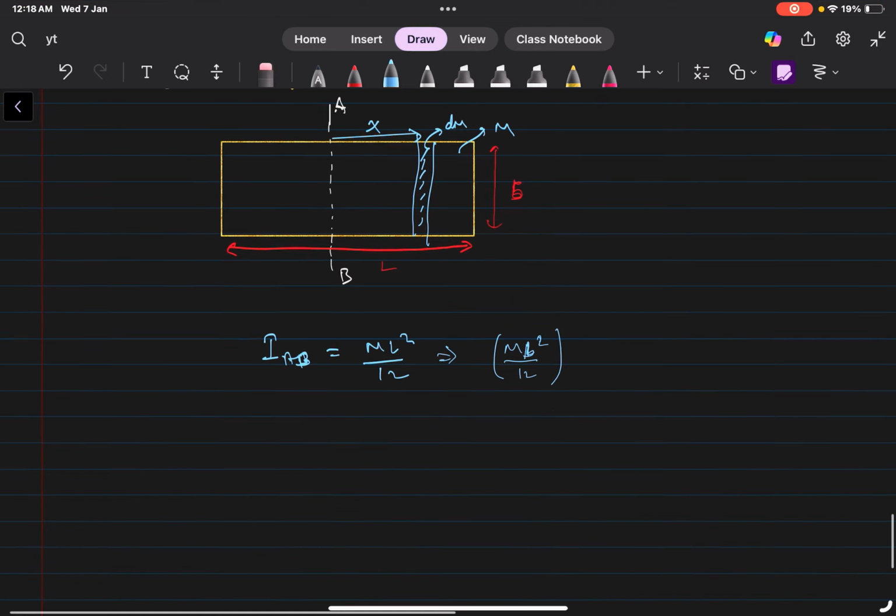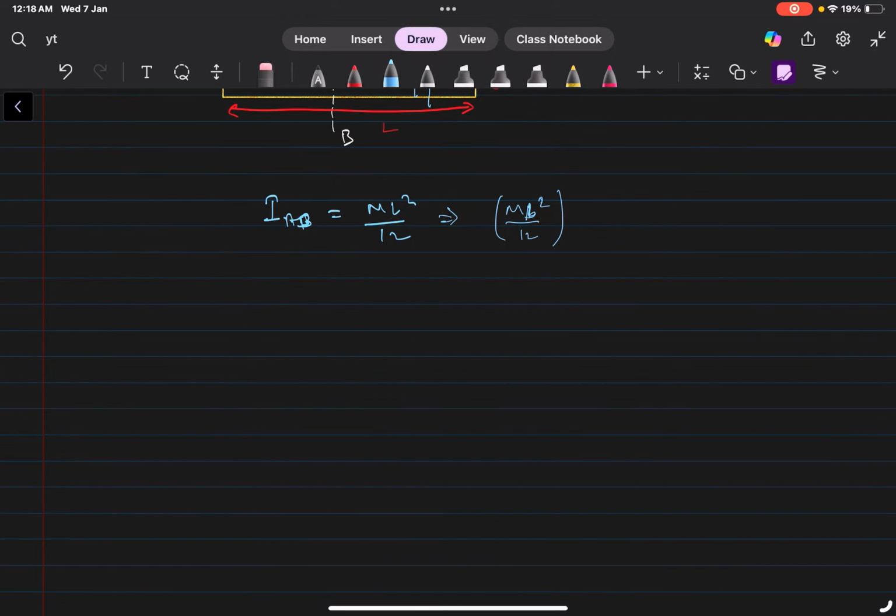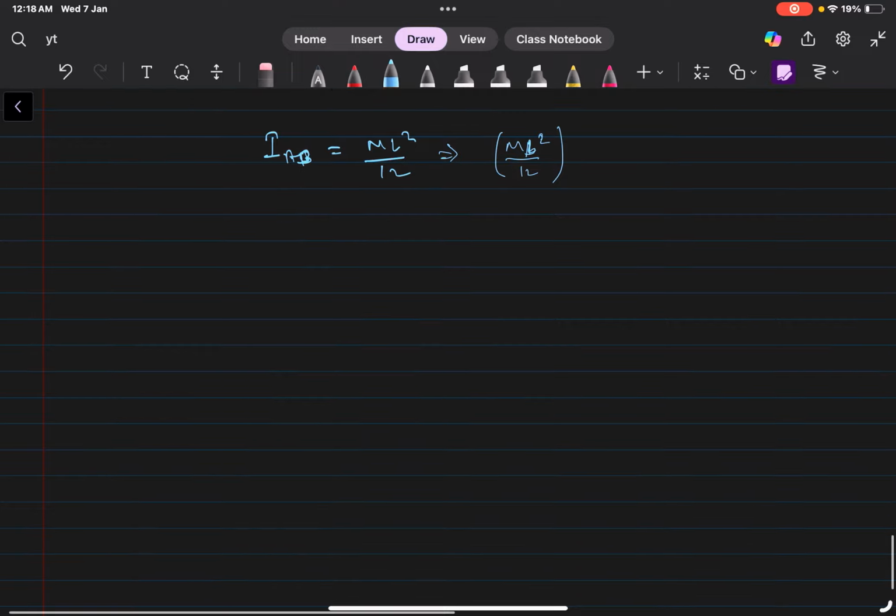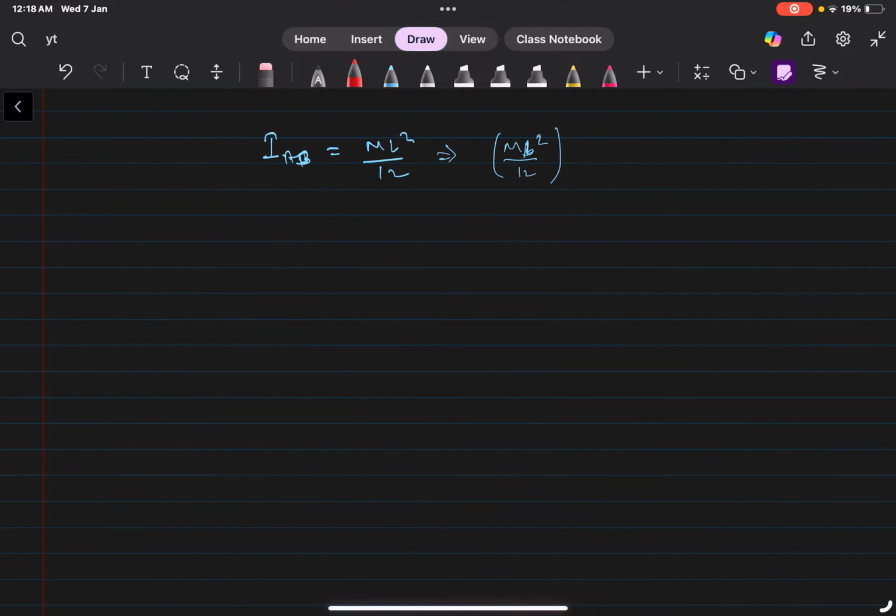Now how does this formula come out? We are discussing this small part, so we are deriving this equation. If mass per unit length, that is lambda, is equal to m by L, then m by L becomes how much?